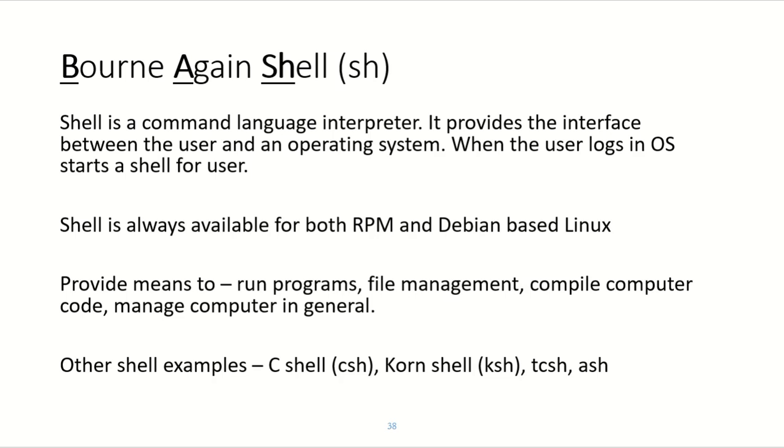So in Linux, there are some other shell variants: C shell, Korn shell, and Ash. So all of them are used as a mechanism to interact with the OS. There are some subtle differences.